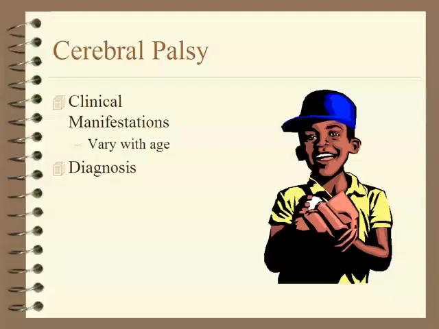Another thing would be some persistence of their neonatal reflexes. With CP, one of the things that we notice is, and again, if you haven't had OB, you'll learn more about this during that particular course, but we know some of those newborn reflexes like the startle reflex and the palmar grasp reflex and Babinski reflex and all those things, rooting, that are normal in an infant, but as that child develops, we see some of those reflexes disappear.